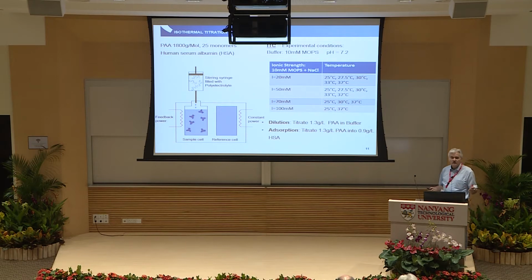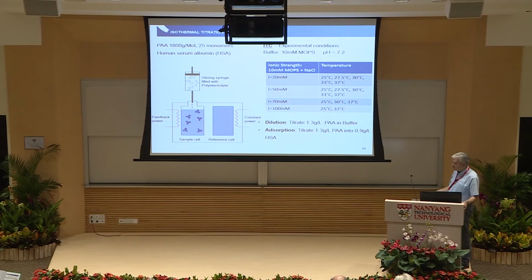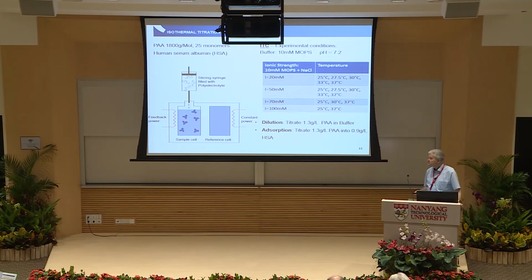If you talk about a logarithmic dependence on salt concentration, you should change the salt concentration over a wide range. And then you have to go between room temperature and 37 degrees and check this. And then you have to look into the conditions of buffers and so on and so forth.